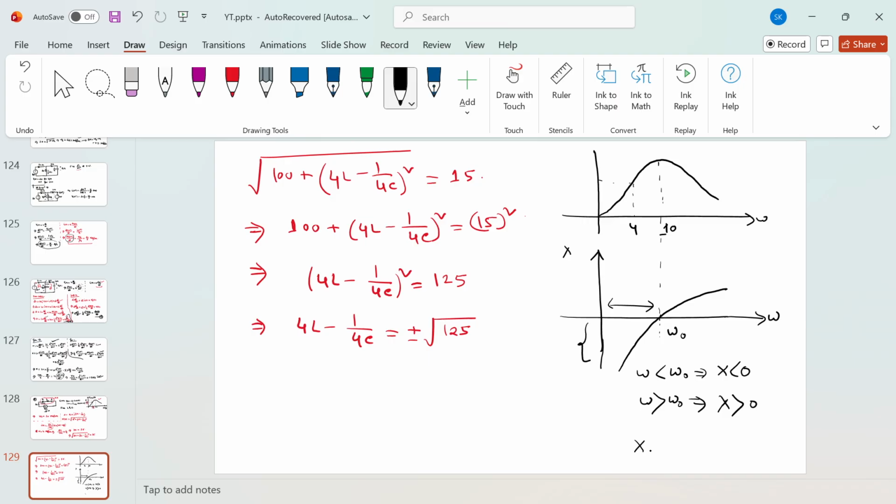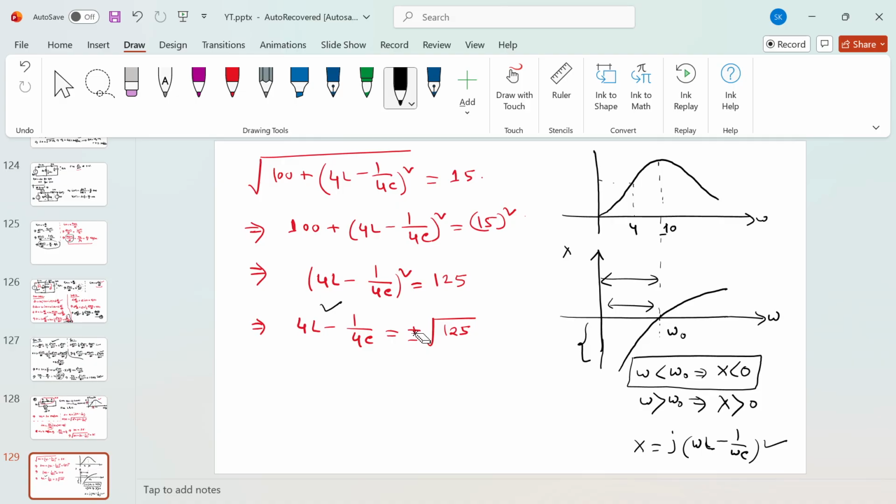Basically X is nothing but omega L minus 1 by omega C. For this region, your overall X is negative. That means this quantity will be negative, so 1 by omega C will be larger and omega L will be a smaller quantity. Since my frequency lies less than omega naught, this quantity has to be negative.